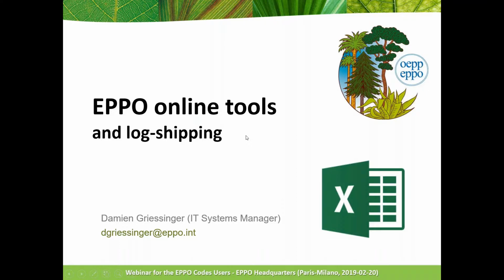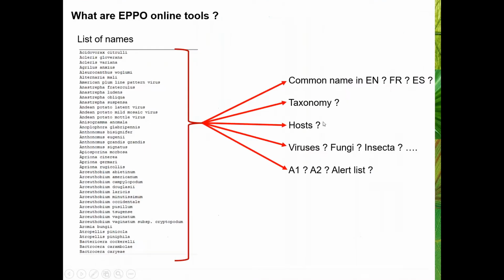So what are EPPO online tools? Just an example: if you have a list of scientific names, and you want some information about the common names in English, French, Spanish, or more. If you want the full taxonomy, or the hosts, the main category of the name, etc.